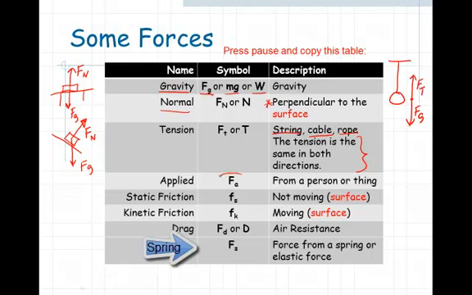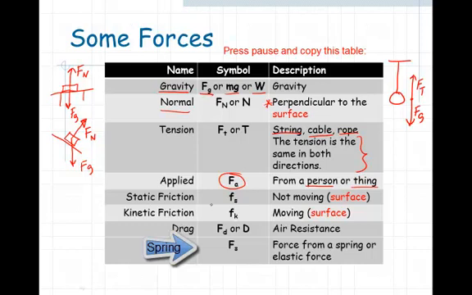The applied force is a force that we would use if a person or thing is pulling or pushing on an object. It's essentially the symbol we use in our class when we're not sure what the force is, and it's not any of these other forces.